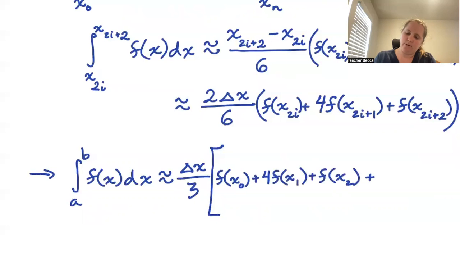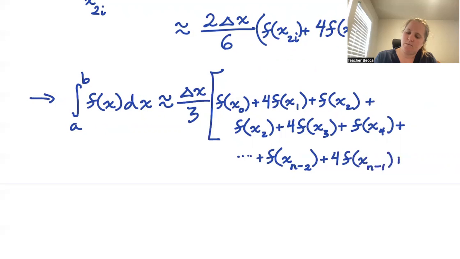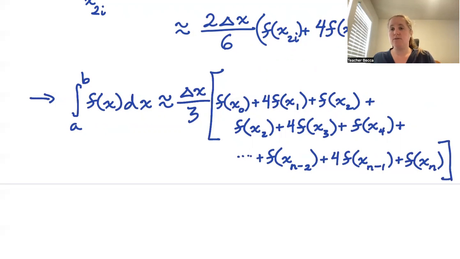Then for the second one, we would do plus f(x_2) plus 4 f(x_3) plus f(x_4) plus, and then we would continue this on until we had f(x_{n-2}) plus 4 times f(x_{n-1}) plus f(x_n). So I'm just adding on all of the individual little parabola intervals together.